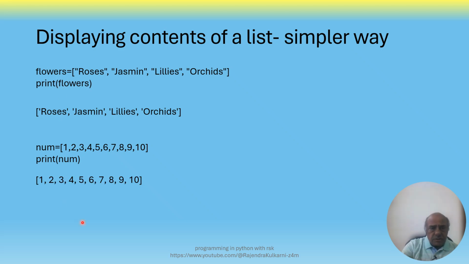Same with numbers, num is equal to 1 to 10. My statement is print, in the brackets num, and this will give me the output displaying all the contents of list num. Just enter the name.